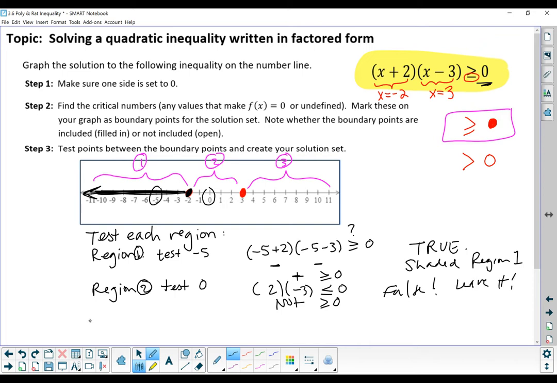Don't shade that region. To test region 3, we pick a value in there. Let's just test the value 5. So 5 plus 2 is 7, multiplied by 5 minus 3, that's 2. Is 14 greater than 0? Yes, that is true. So we would shade region 3.